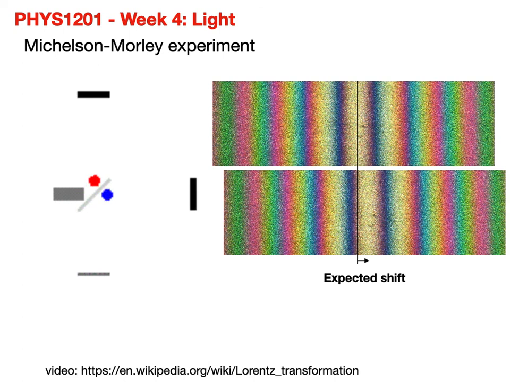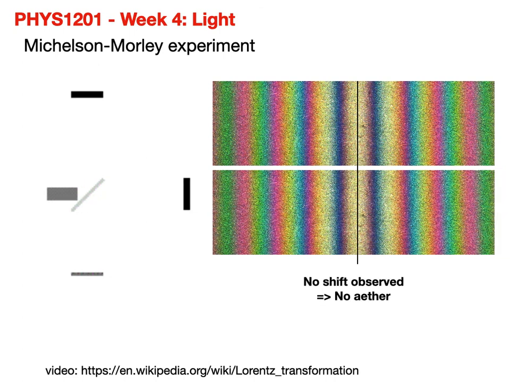And it turns out that they never found any shift. So whether you do the experiment in winter, summer, spring, or autumn, you always find the same position of the main fringe. And that was interpreted as the non-existence of the ether.